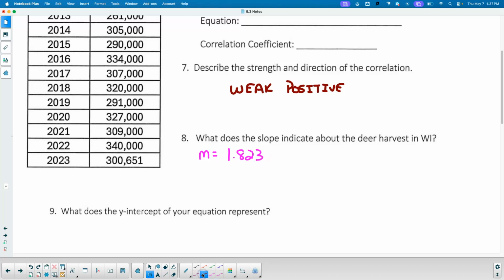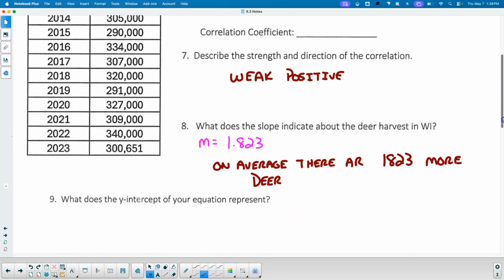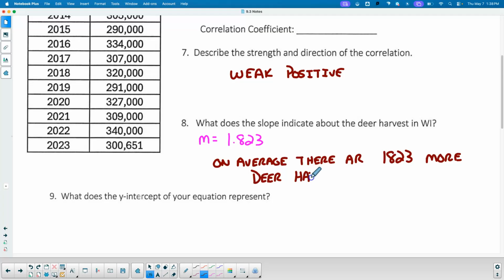So on average, the harvest, there are 1,823 more deer harvested each year. Politically correct. Okay.